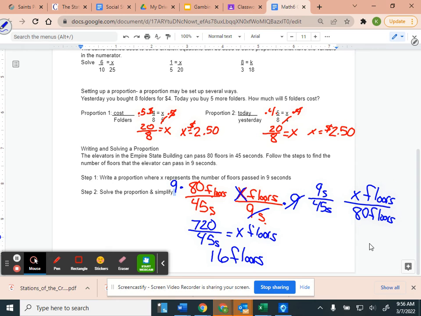Then I would multiply by 80. 80 times 9 divided by 45. I would get the same answer. But you want to be consistent. Floors and floors, seconds and seconds. So as long as you're consistent, you want to keep what you're looking for, the variable, in your numerator, and then be consistent with where you put your measurements.